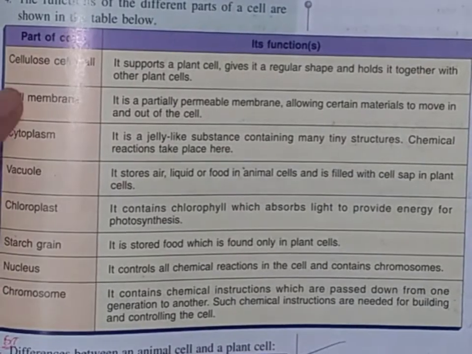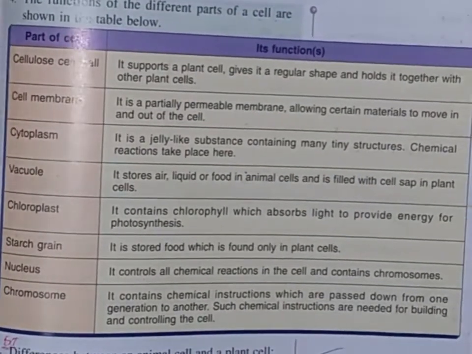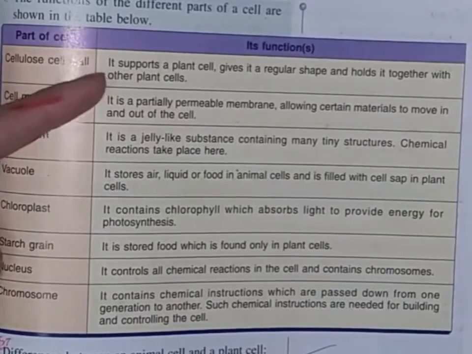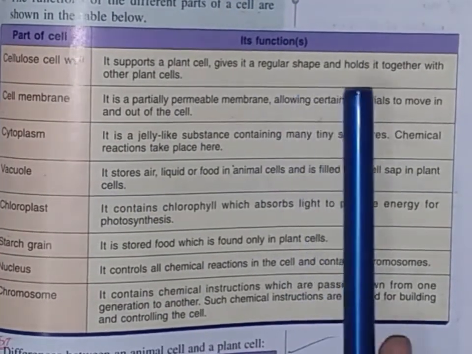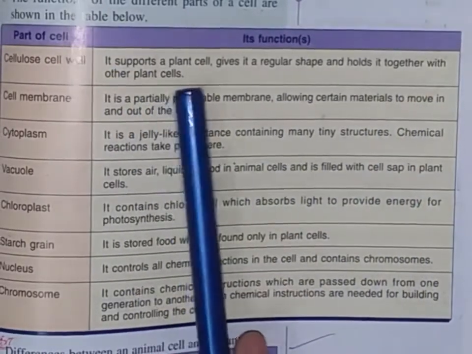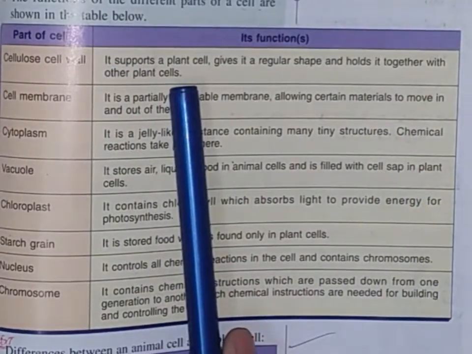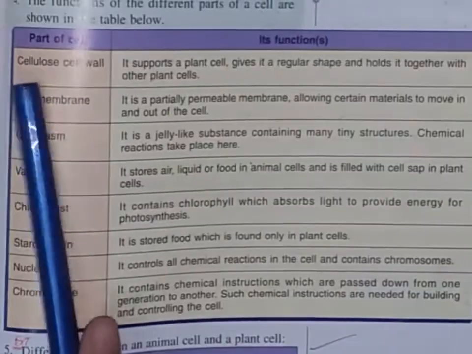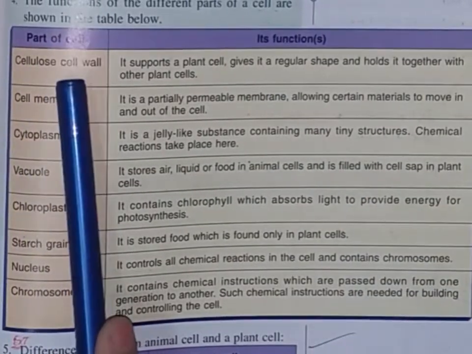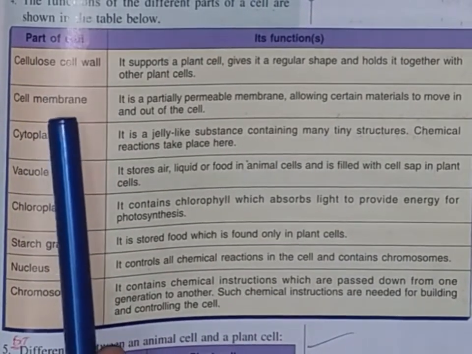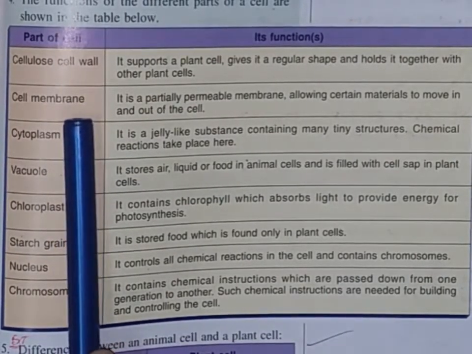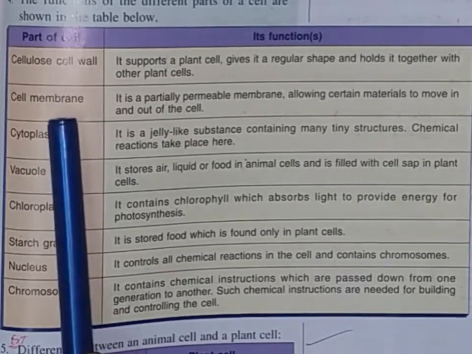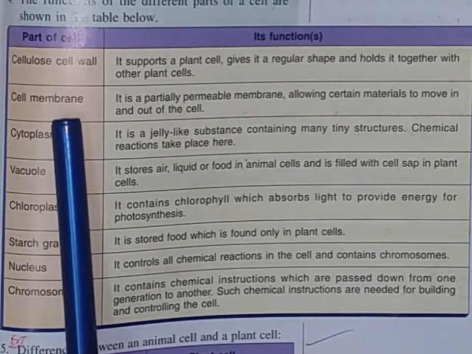Organelle number 1 is cellulose cell wall. Here its function is given, that is it supports the plant cell, gives its regular shape and holds it together with other plant cells. As you already know, the cell wall gives the regular shape to the plant cell. Number 2 is cell membrane. Students, cell membrane is the outermost layer in the animal cell and the second layer of the plant cell.